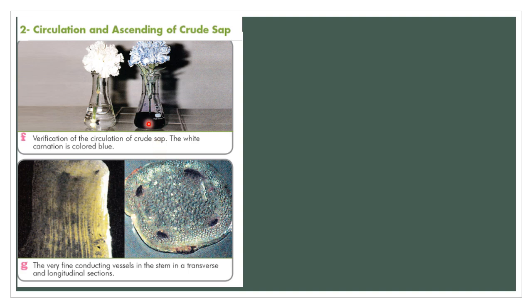So the colored water is absorbed and it travels through the stem to reach the petals through the conducting vessels. The conducting vessels are specialized tissues that transport water, nutrients and food throughout the plant.